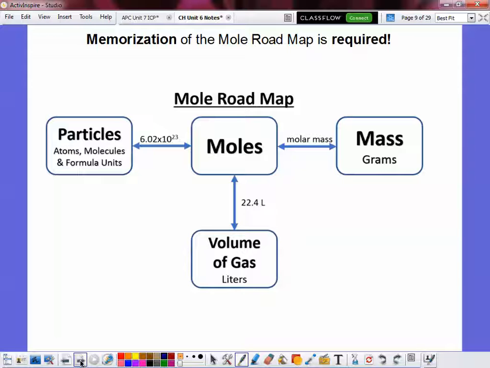We can do 3 types of conversions today. Next class we'll talk about 2 steps, but today we're either converting to or converting from the mole. Before we get into some conversions, let's talk about the mathematical definitions, which are already listed on this mole roadmap.